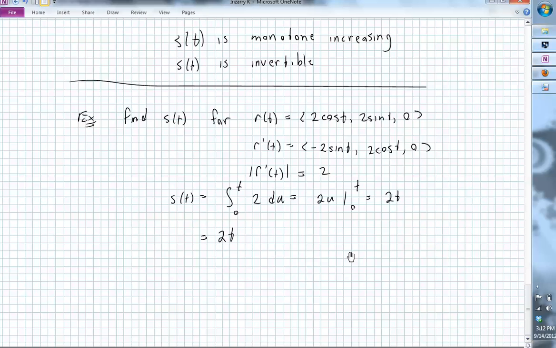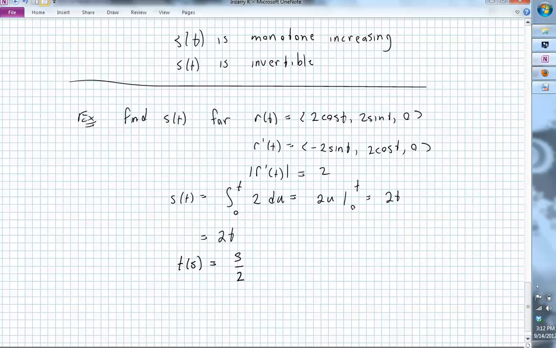What's the inverse of S of t? T of S. Got to be careful how you say that, right, Nick? Okay, half S. So yeah, 1/2 S, and pretty straightforward.